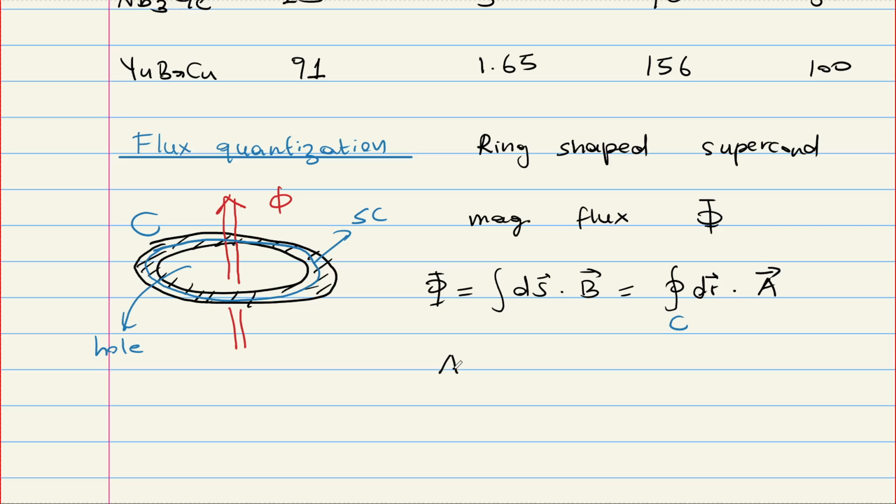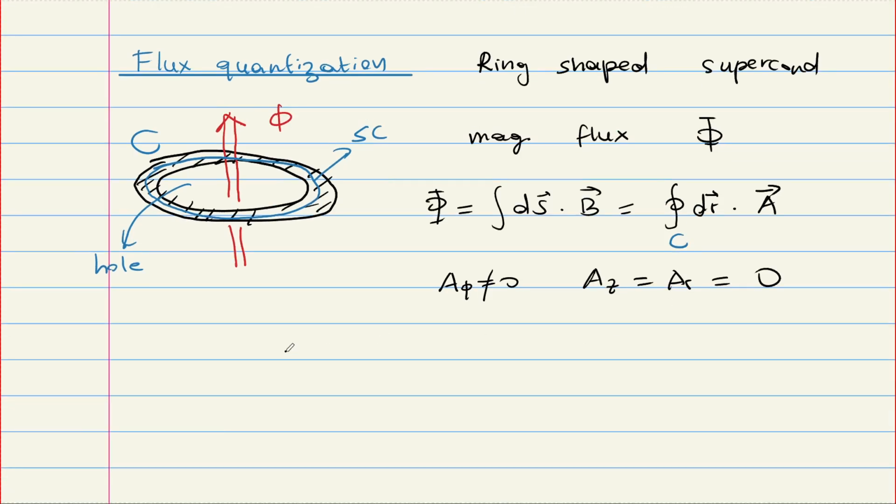I want to choose this A phi to be non-zero, and since this is a ring, it's going to be constant inside, and the other components AZ and AR to be 0. Then this equation gives me phi equal to A phi times 2 pi r, and from here I found A phi to be phi over 2 pi r. Good.